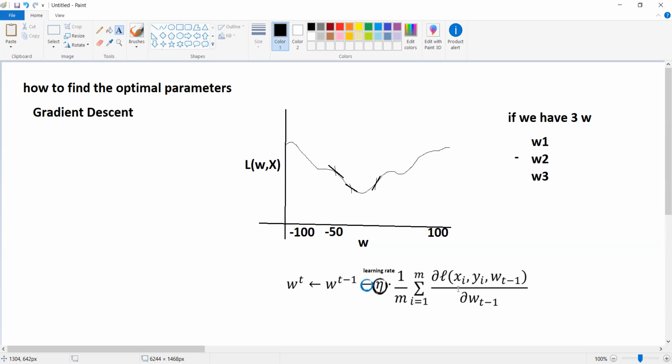For every parameter, you do the average loss over all the points, which is what the gradient gives you. If you do your loss function, which is your loss over all of the points, so you do the loss for 1 and loss for 2 and loss for 3 and loss for 4, and then you do the gradient, the gradient gives you for every parameter which way to step. Okay.